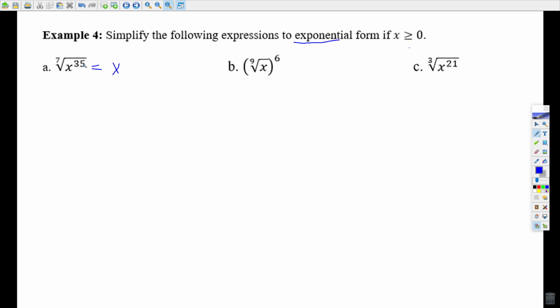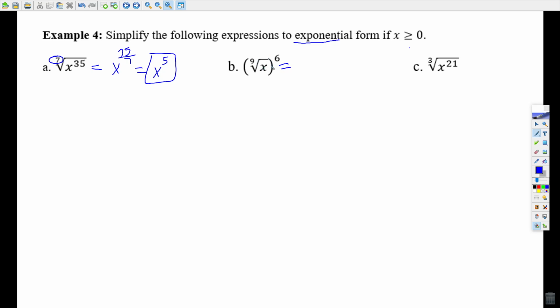No root anymore. Now, if you remember, this is the number that always goes in the bottom. That's all you have to remember. So it goes 35 over 7. And then for these ones, we're going to keep going. If you can simplify it further, this would be the same thing as 7 goes into 35. How many times? 5. And that would be your answer.